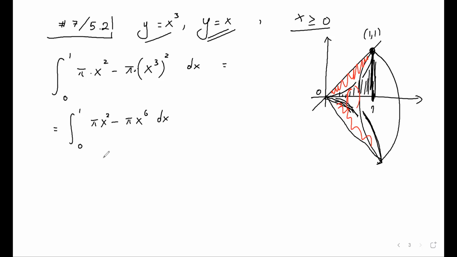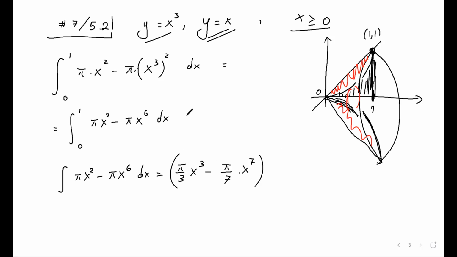So the point is, be careful when you set up the integral. The antiderivative of pi x squared minus pi x to the 6th is pi over 3 x cubed minus pi over 7 times x to the 7. And this is the thing that I am going to evaluate between 0 and 1.